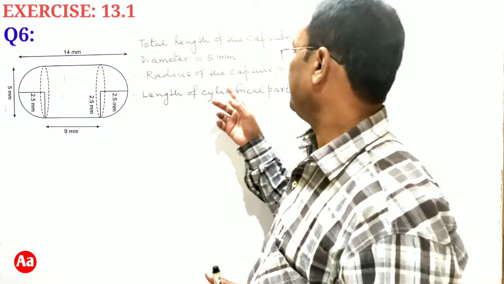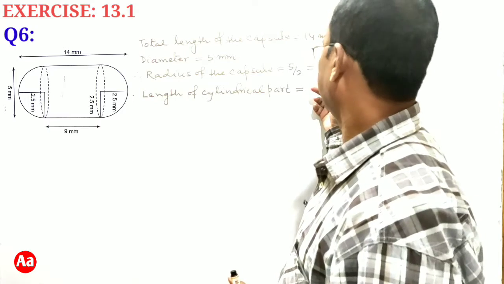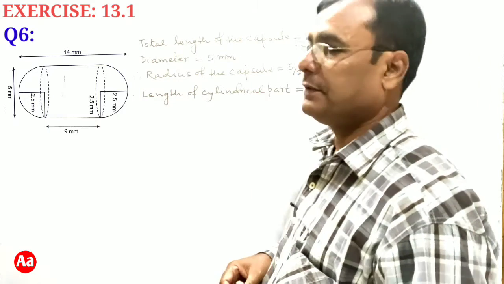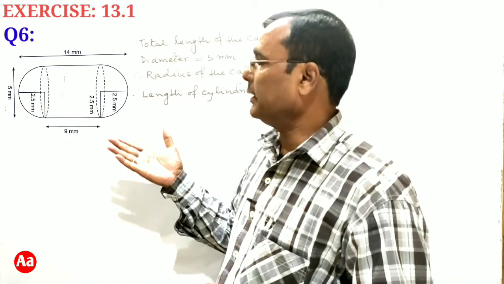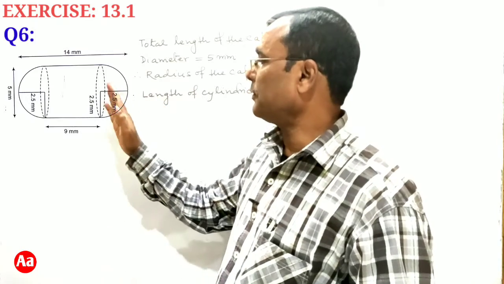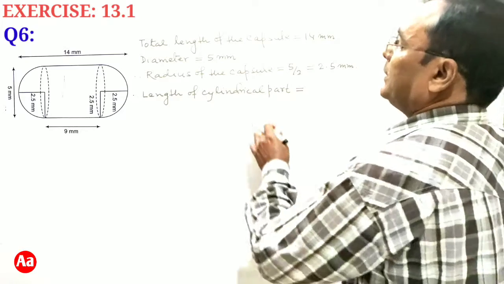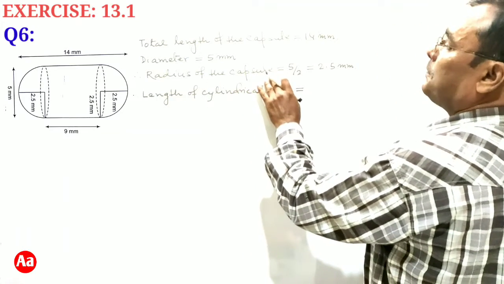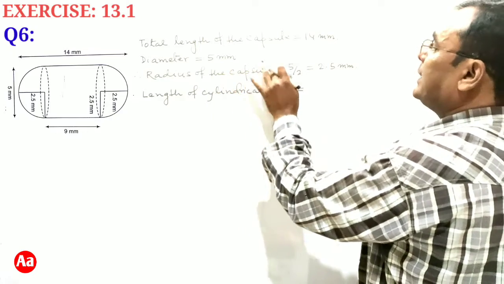So the radius of the hemispherical end of the capsule is 2.5 millimeter. So from the total length of the capsule, the radius of two circular ends from both sides will be subtracted, and this radius of the capsule we can also write as radius of hemispherical ends of the capsule.